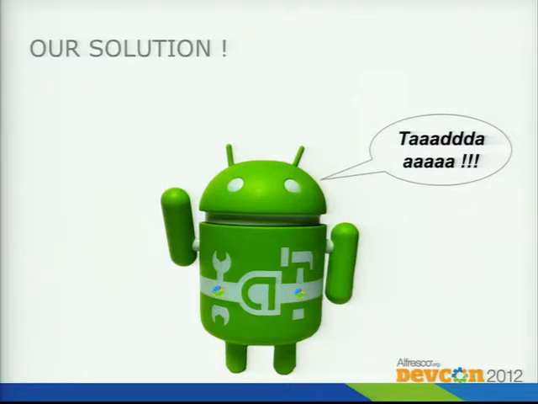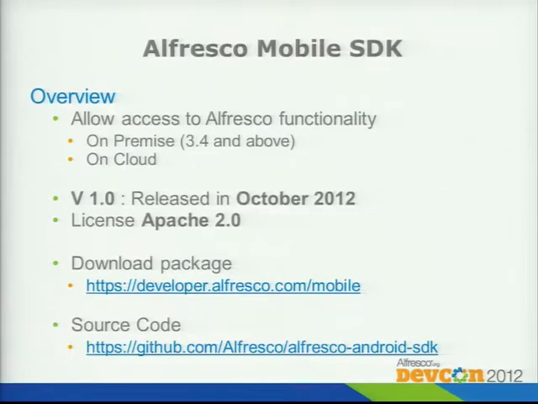So our solution is simple. It's not a little small one. It's actually the Alfresco Mobile SDK. The Alfresco Mobile SDK is a set of components that allow access to Alfresco functionality from on-premise, where we support 3.4 to 4.x, and the cloud.